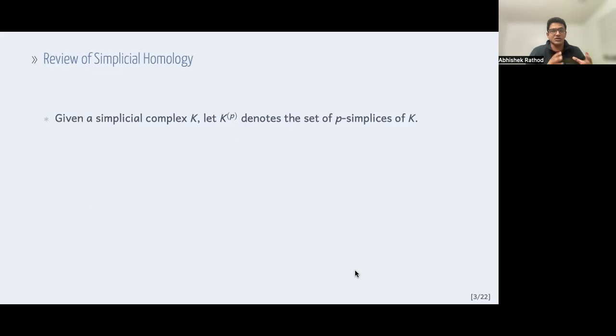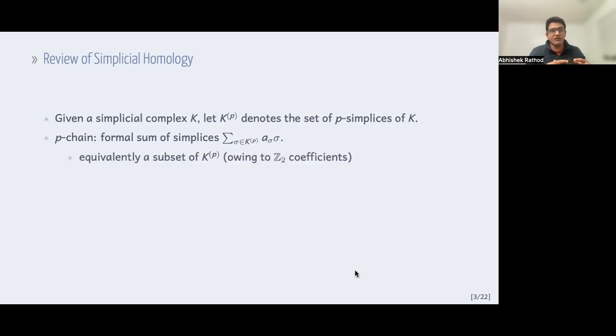So suppose you're given a simplicial complex K, then we denote the p-simplices of K by Kp. Next, we define a p-chain as a formal sum of p-simplices of K. And for the purpose of this talk, we'll be working with Z2 coefficients.